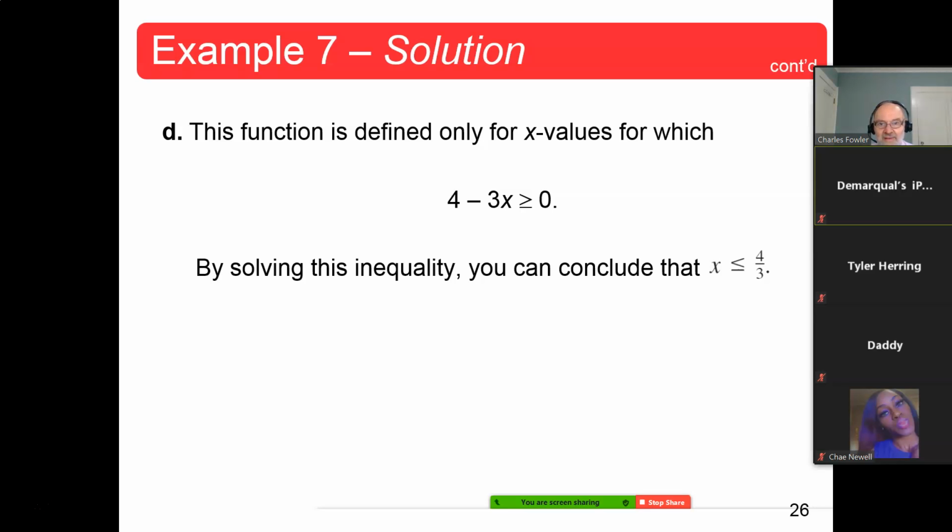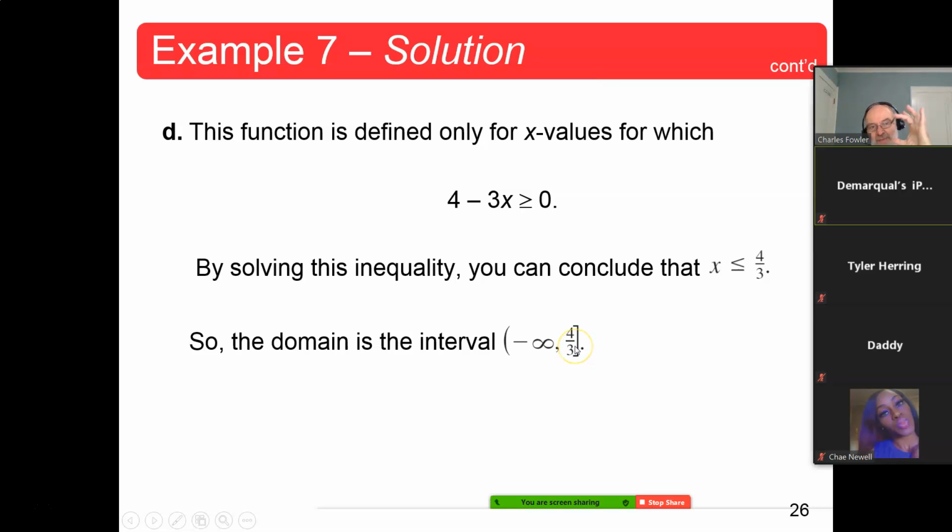All right. I can't advance my slide. I don't know why. There we go. So the domain in this interval, now they give the interval notation, is from -infinity, because anything less than this goes all the way down to -infinity, so that's not really a number, all the way up to and including 4/3.